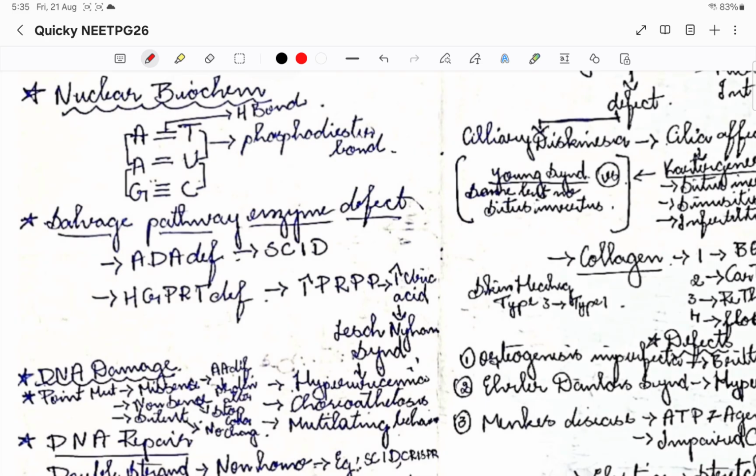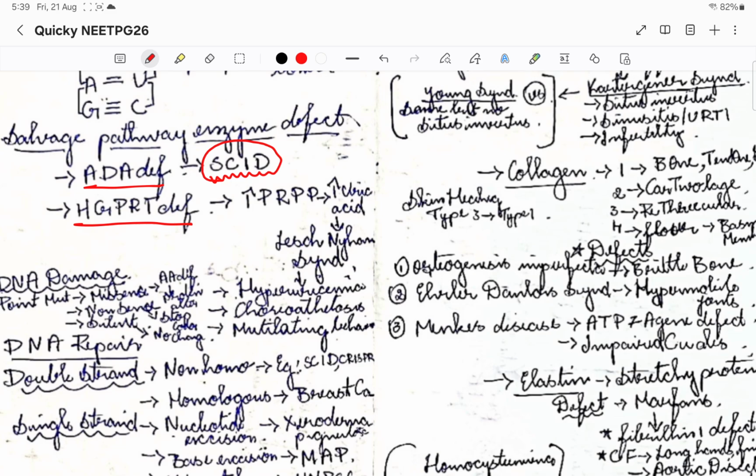Okay, in salvage pathway there are two enzyme defects. One is ADA deficiency and the other one is HGPRT deficiency. If ADA deficiency happens, this forms a pathology called SCID. Then HGPRT deficiency.